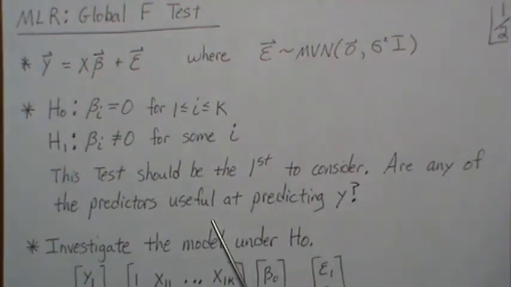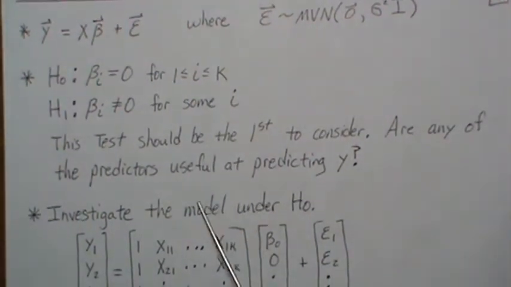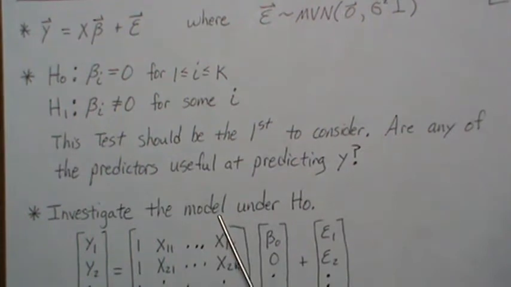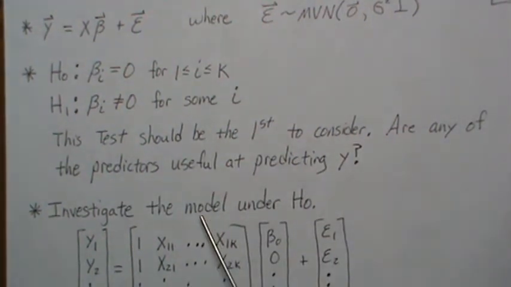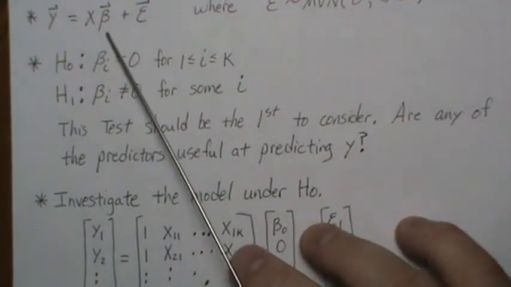Are any of the predictors useful at predicting y? That's what this test is stating. And if the answer is yes, then you can start doing subset tests and partial F's and t-tests and general linear hypotheses tests.